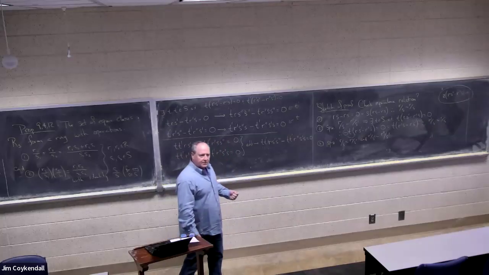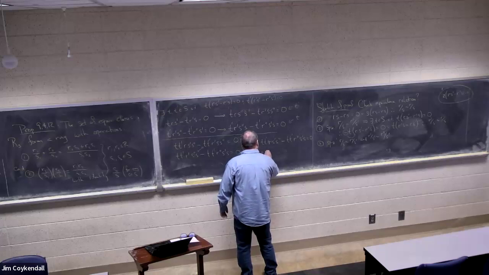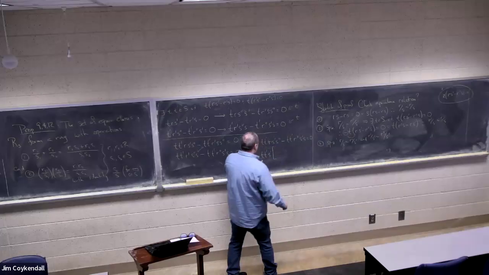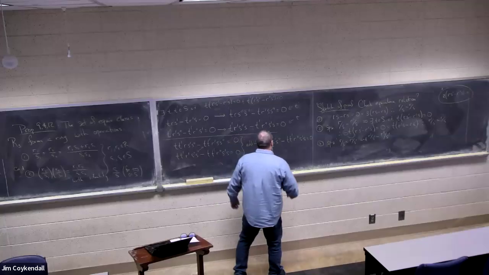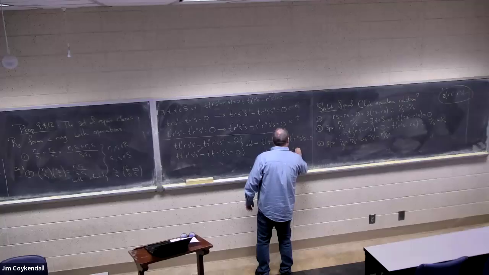And I'm almost there. All I have to do now is just pull out the common terms. I pull out the T T prime S prime, and I get R S double prime minus R double prime S.